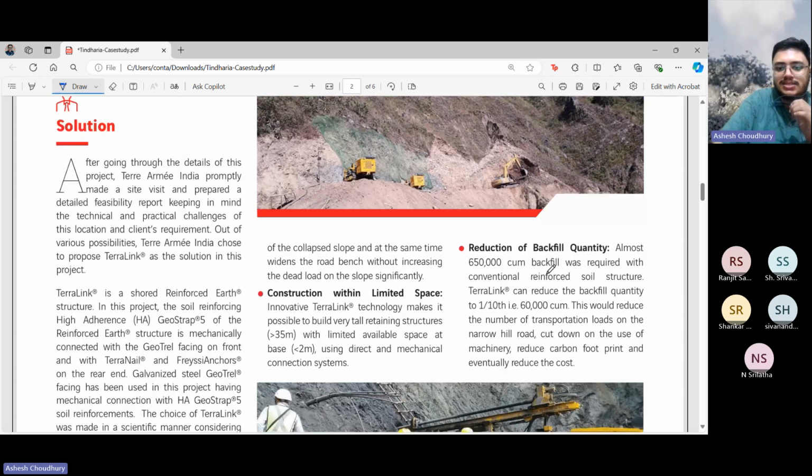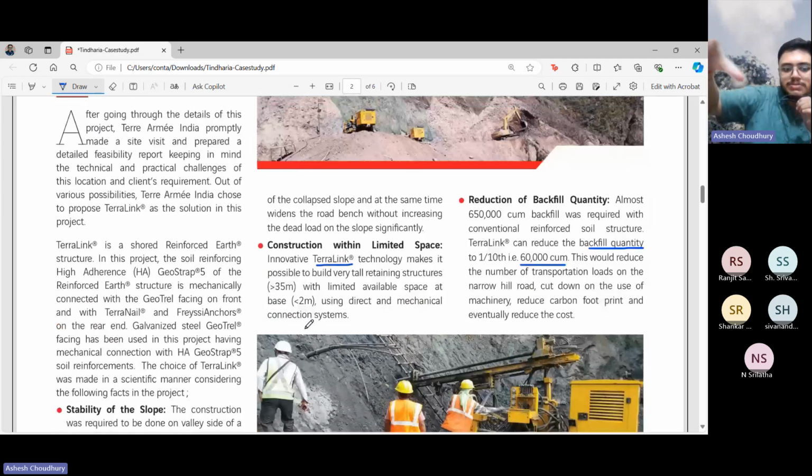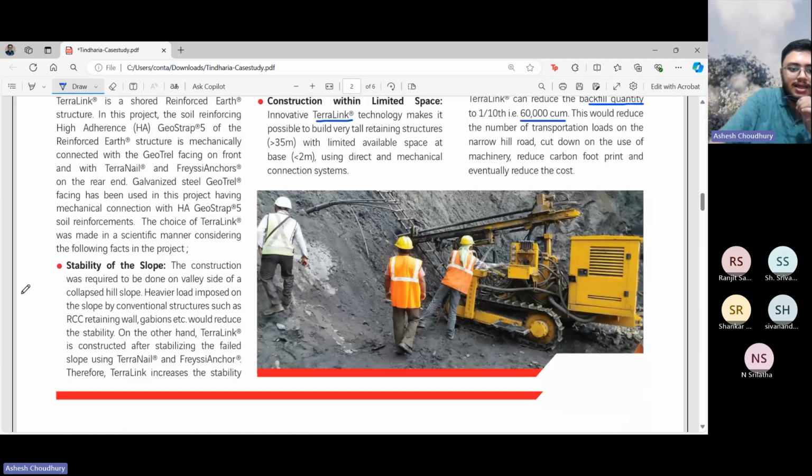Due to this technology they could reduce the backfill quantity by a large amount, the amount of fill you have to use. The innovative TerraLink could be used in a limited space, and obviously they considered slope stability.